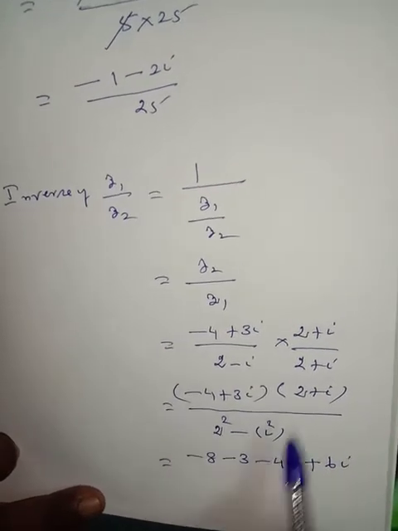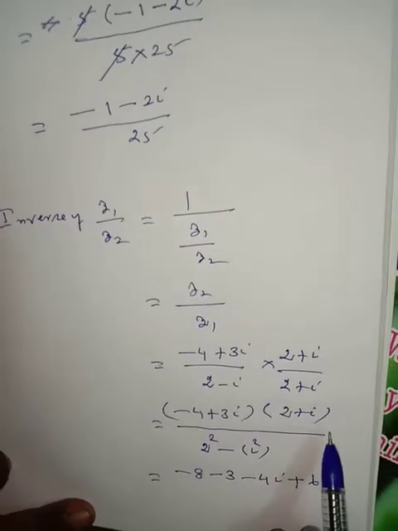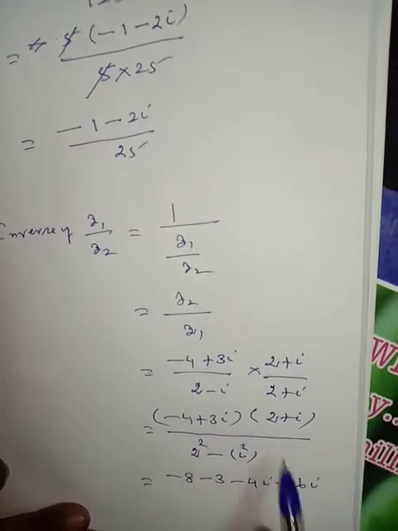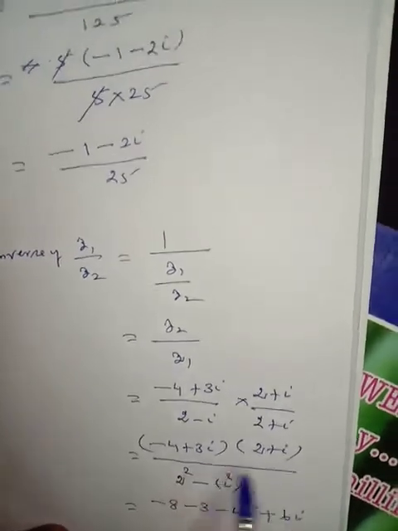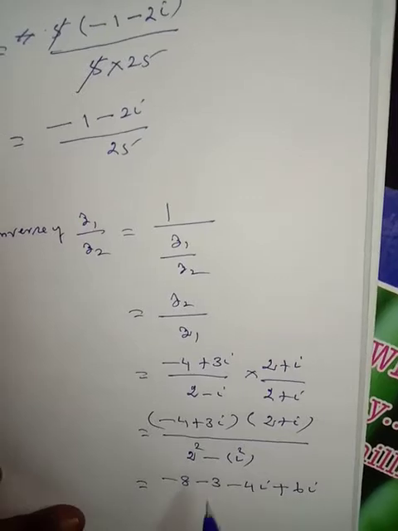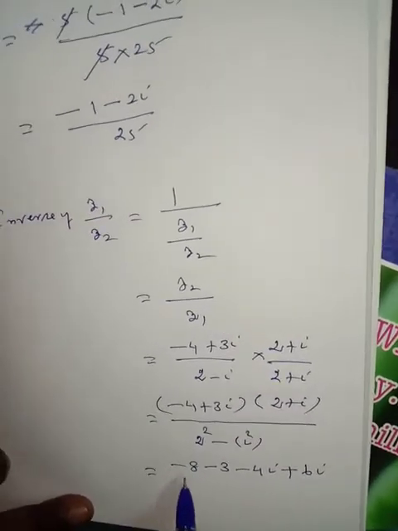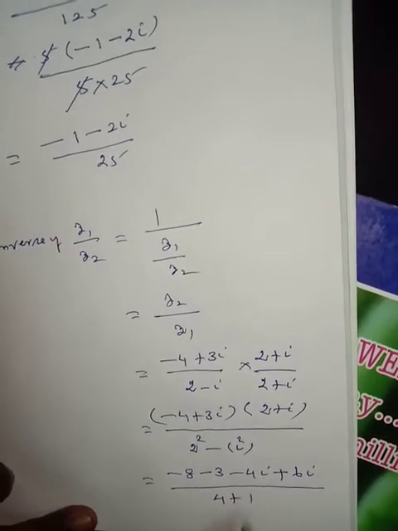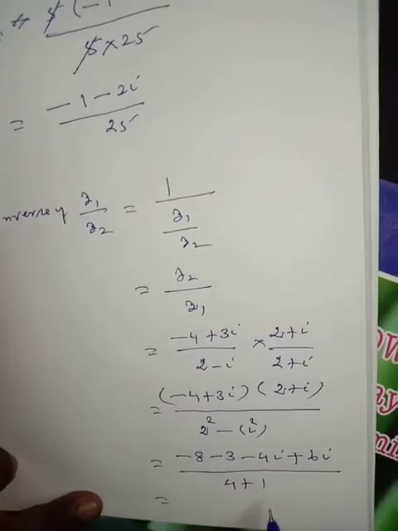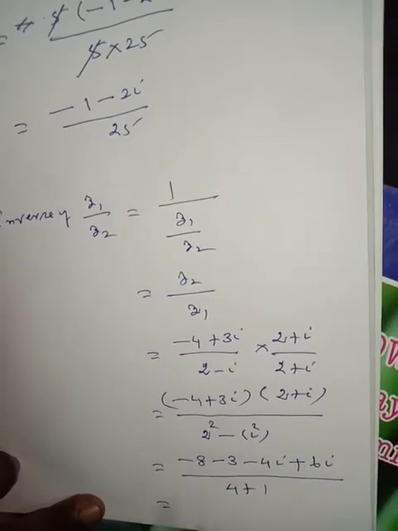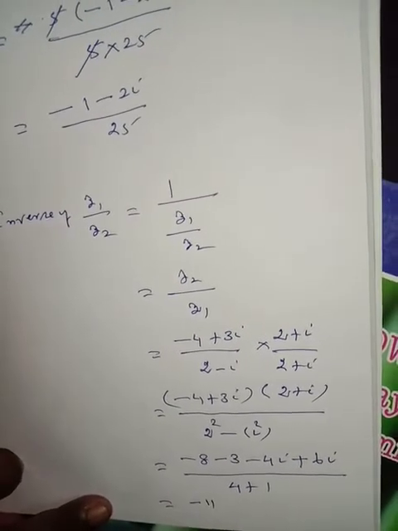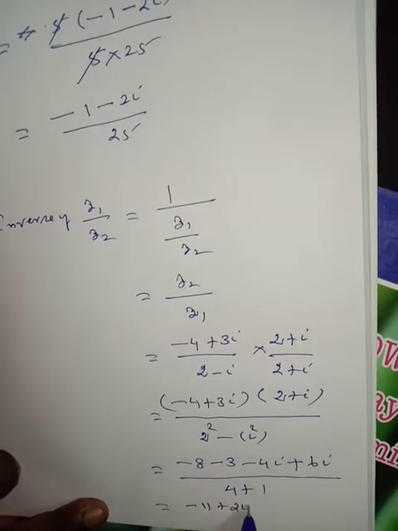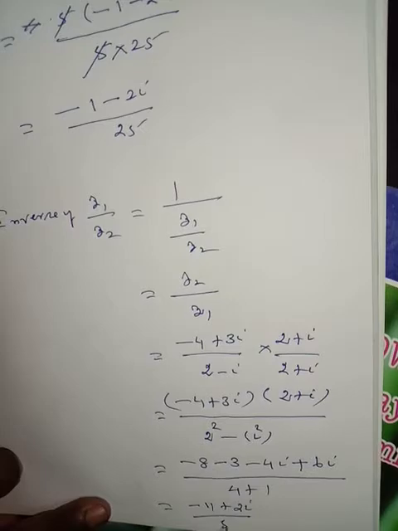Divided by 4 plus 1, which is 5. So it is equal to minus 5 plus 2i divided by 5.